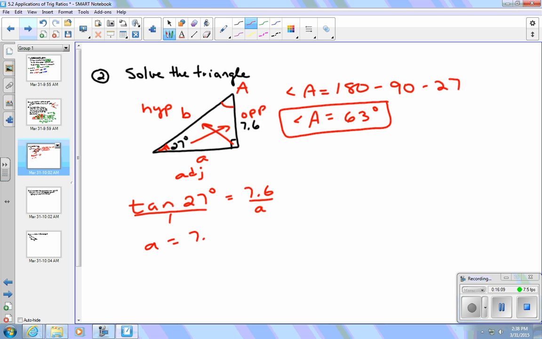So A is 7.6 divided by the tangent of 27 degrees. And if you want to see how that switcheroo happened in greater detail, we can discuss that in class. So now, with your calculator, and make sure that you're in degrees mode here, we can just go 7.6 divided by the tangent of 27 degrees, and we get 14.9.